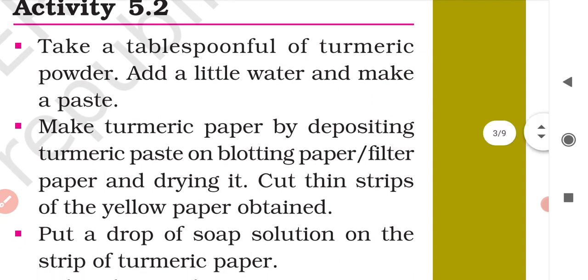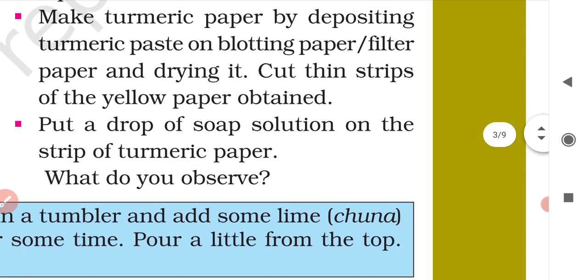Then second step, make turmeric paper by depositing turmeric paste on blotting paper or filter paper and drying it. If there is filter paper or blotting paper with you, then you have to make a turmeric paper using it. How can you do this?